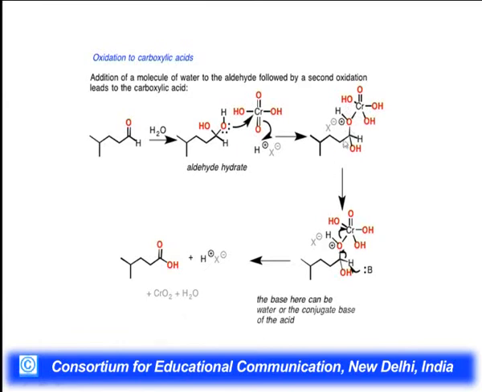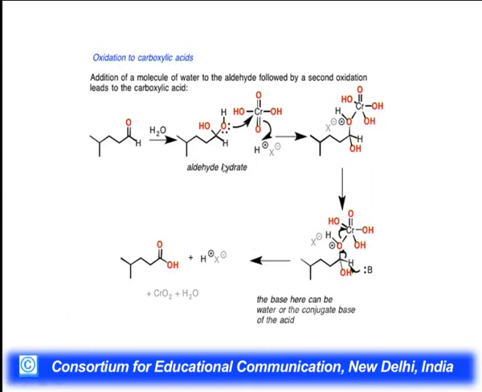Then when we have this monoester, a proton is extracted from here, and after the extraction of the proton, we have the formation of a C double bond O here, and at the same time this good leaving group is pushed out, and what we get here is a carboxylic acid.